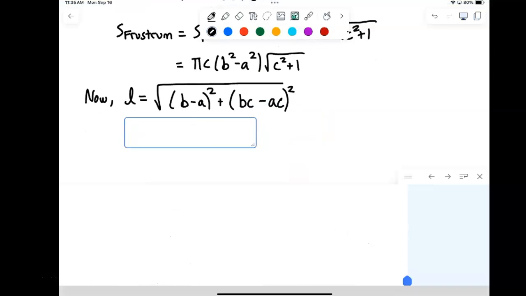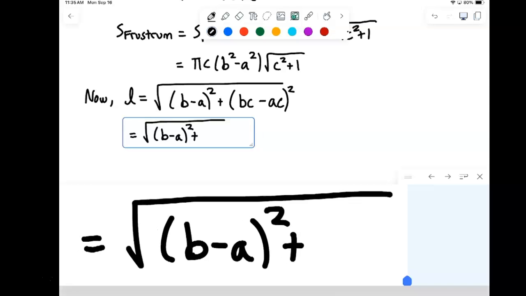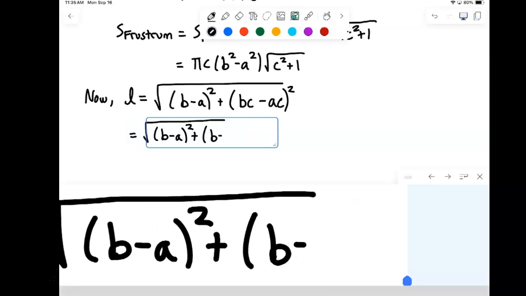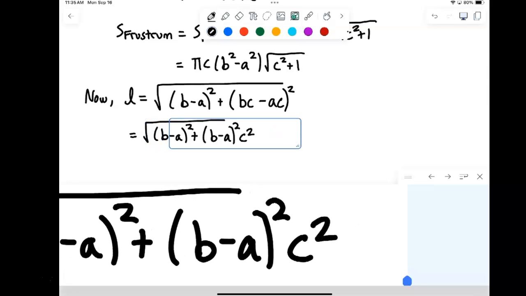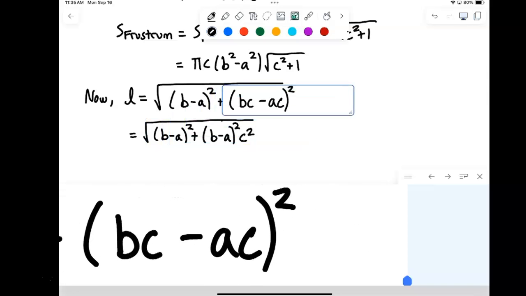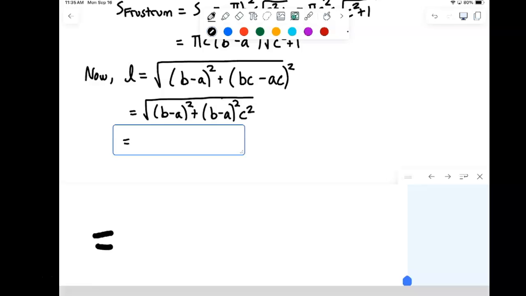Okay. But that can be rewritten as the square root of (b minus a) quantity squared plus (b minus a) quantity squared times c squared, because I can factor the c out and then square it. Well, then I can factor the b minus a stuff out and do the square root of it.